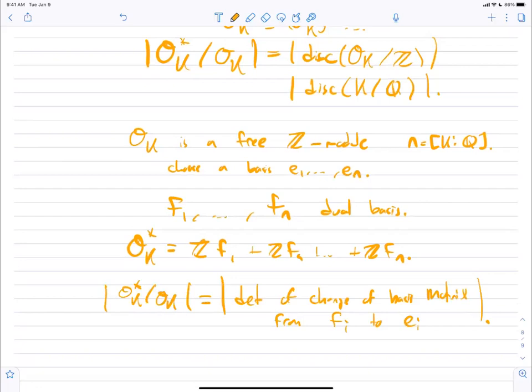If you were to change your basis for OK or for OK dual, you're no longer required to be dual bases of each other. You're going to be changing by an element of GL_n(Z), and so your determinant is going to be plus or minus 1, so it's not going to change the absolute value.